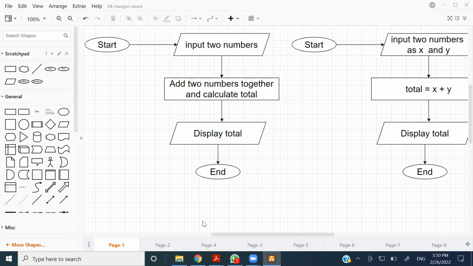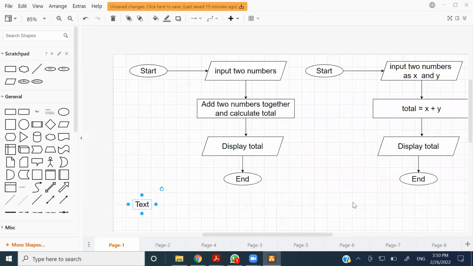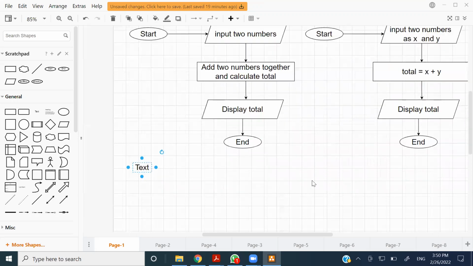Adding two numbers and displaying the total. Is it the first example we did, people? Yes, everyone?